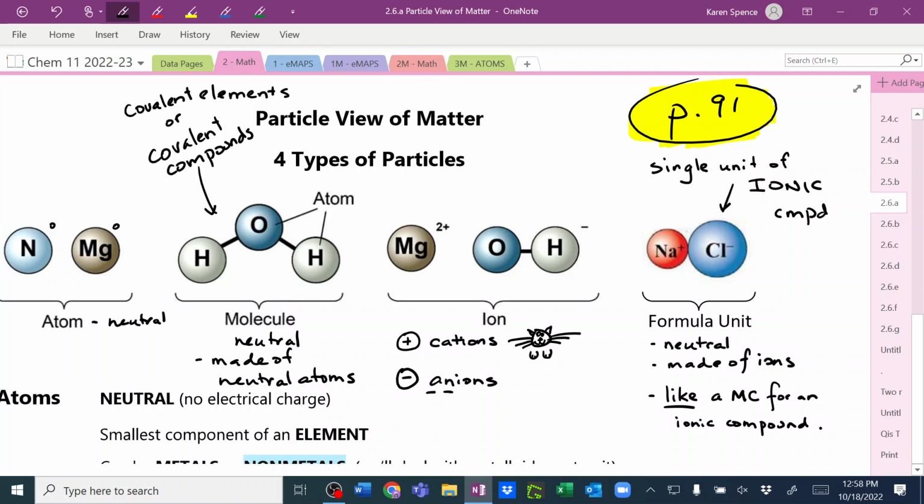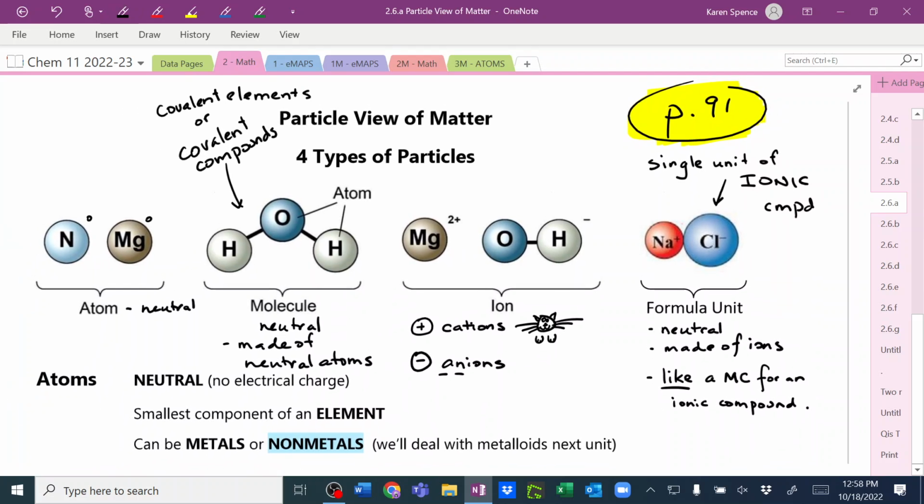And then of course there's just the plain old atoms, which are just hanging out, being really boring and neutral and not really doing much at that point.